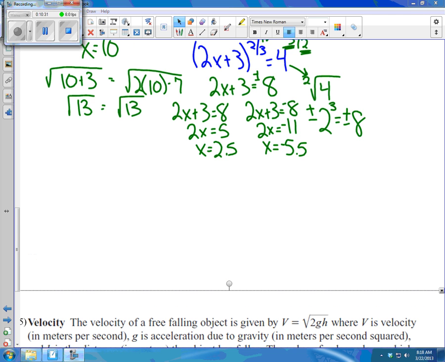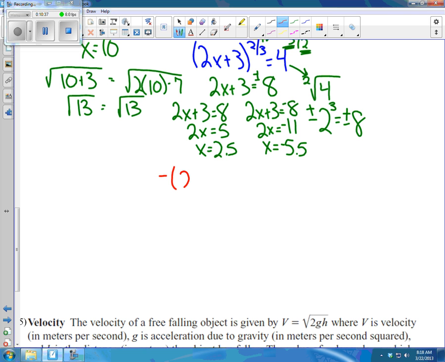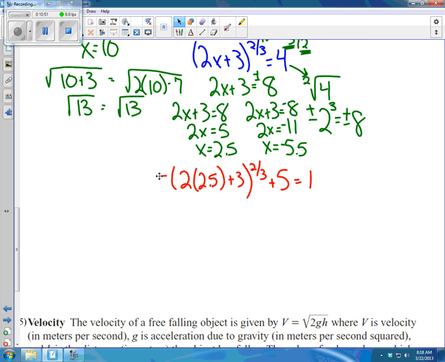So first I'm going to take the 2.5 and I'm going to plug that into the original equation. So here's the negative that was there. Negative, 2 times 2.5 plus 3 to the 2/3 power plus 5 is supposed to give me 1. So starting in my parentheses, I'm going to deal with the 2 times 2.5, that's 5.